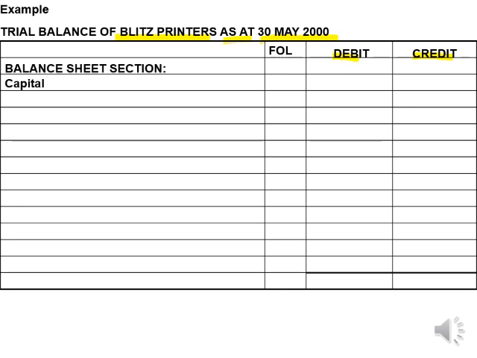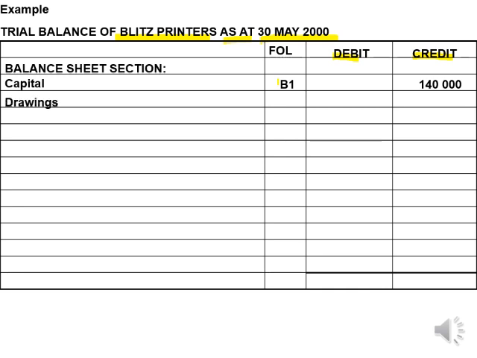But also remember there's this column of folio. Folio is simply used for the account number or the reference number of this particular account in the general ledger. Since we are in the balance sheet section, the first account will be recorded here as B1. As you can see here, the first account will be recorded as B1, and then capital increases on the credit side, so we write the amount there on the credit side, full stop.